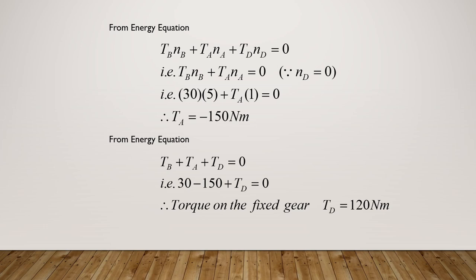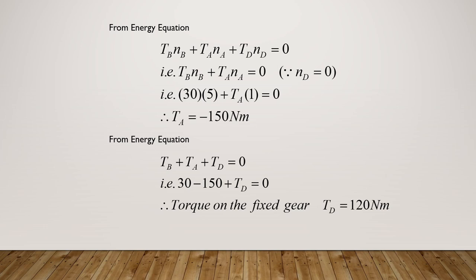Only three are considered here, as I already told, the input, output, and the fixing member. Fixing member means the arm. The center B is the first gear, and the external D is the output gear. All these are fixed with the help of arm A. So B is considered, A is considered, D is considered, and C is not considered here.